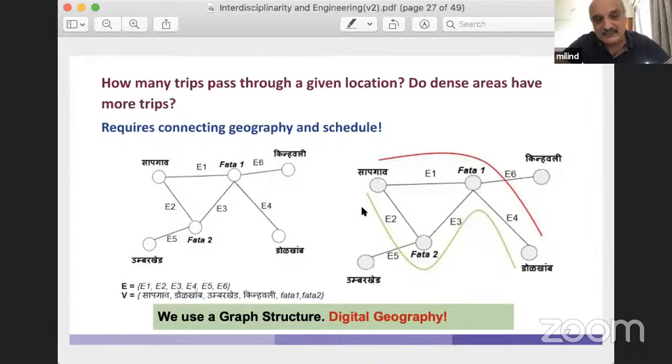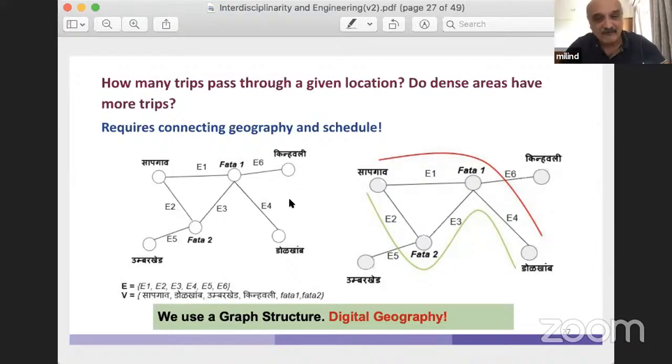So what I've done is construct a graph structure, a digital geography, in which all these important locations are points. There may be some intermediate points, for example important locations or bifurcations in the road network, and I connect them by edges if there's a direct road. This is what I call a digital geography.